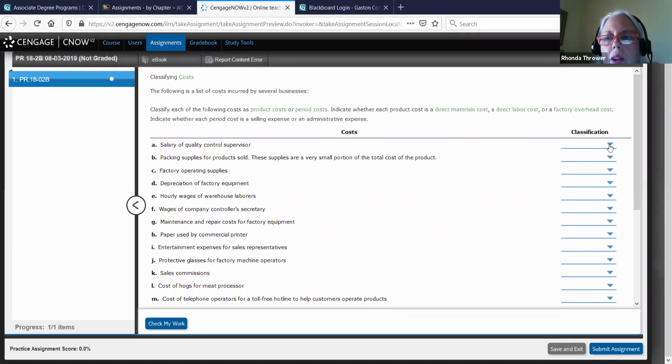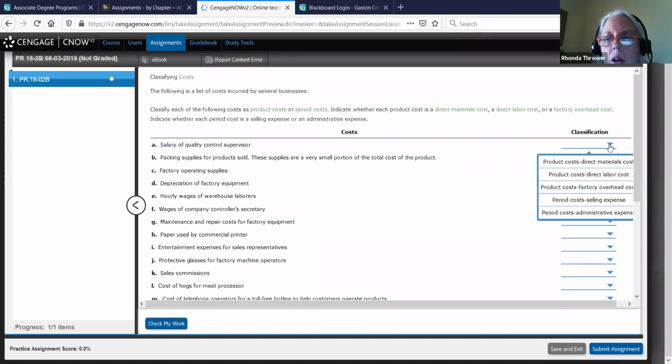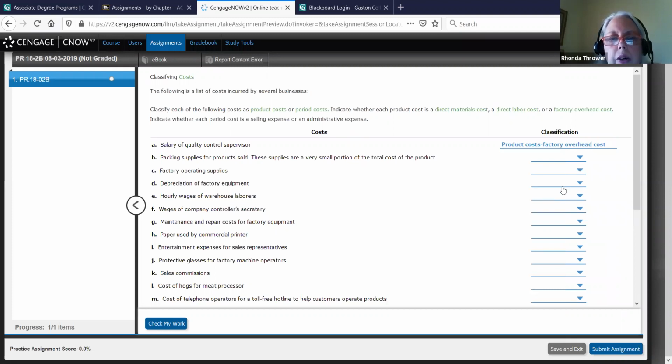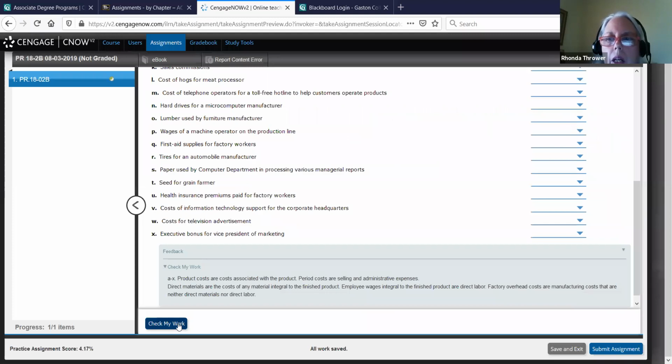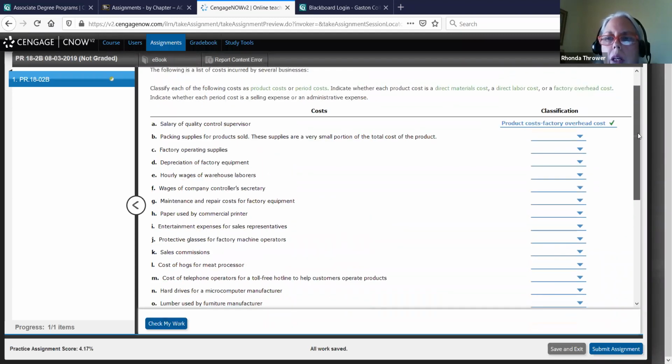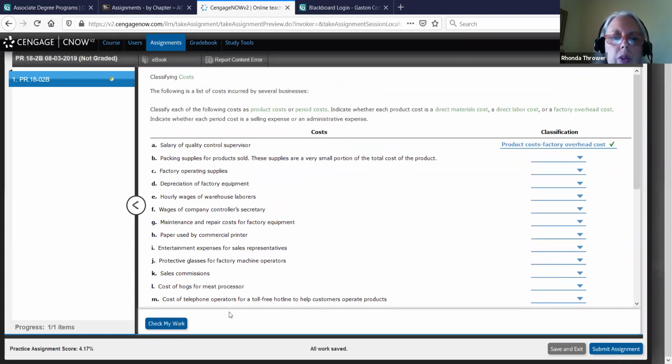So I would classify this as a product cost, and also as factory overhead. You're going to choose the best answer here, and I'll just check my work as we go so you can see how we would do that for this class. Anytime you want to check your work, feel free to do so. There's a button down here that you can click to check your work in Cengage.